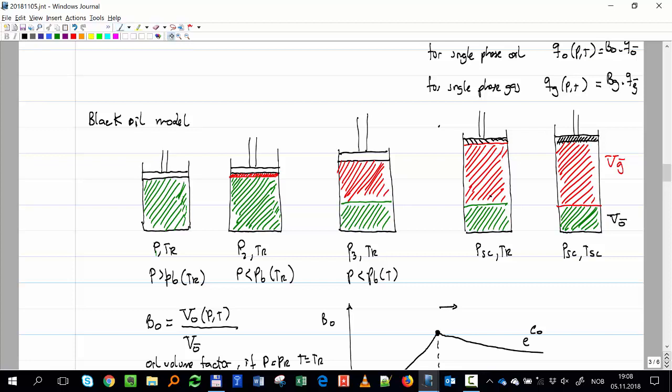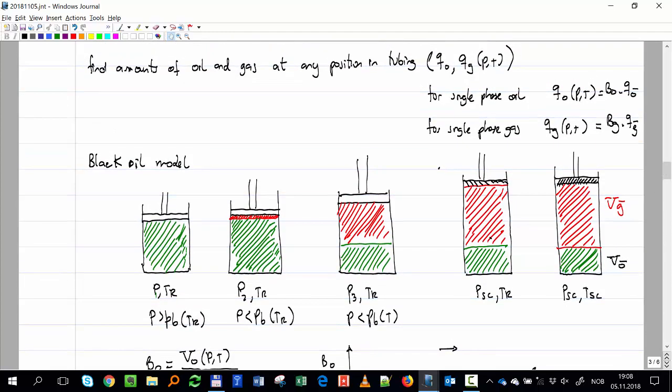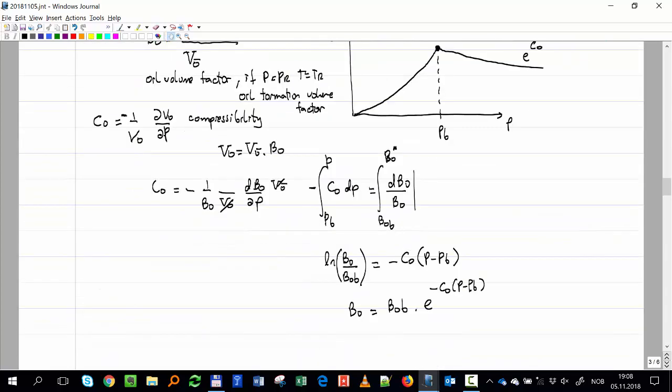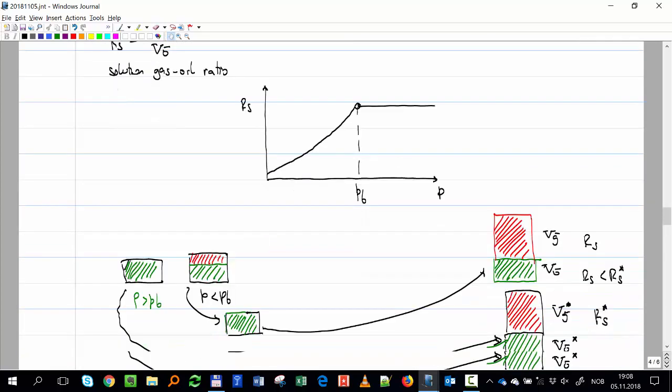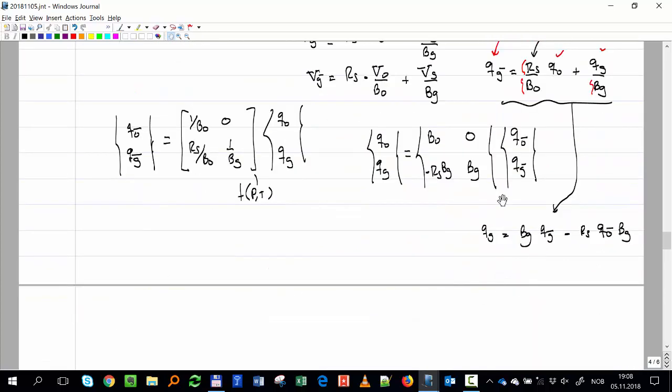So we made up a simple experiment, that was constant composition, and we end up with this matrix, just relating the volumes, local volumes, and this RS that we introduced. We end up with this matrix, and all of us are happy. With this matrix, we can convert from local to standard conditions and from standard conditions to local.